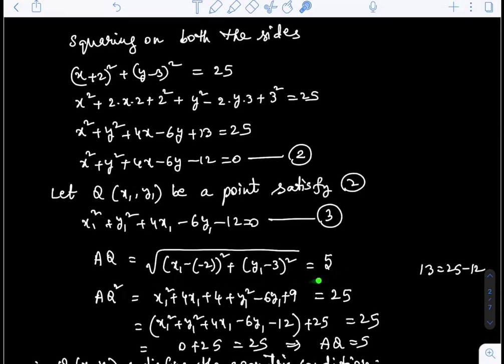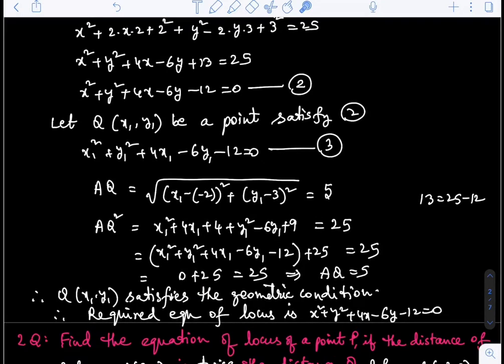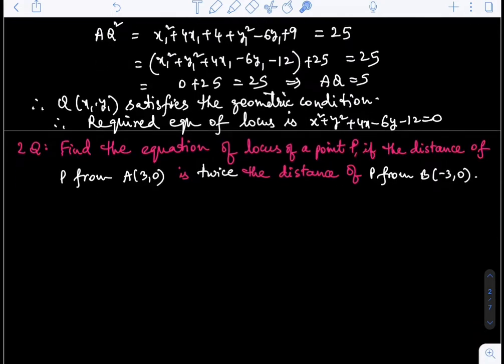So we applied the formula and rearranged to get equation 3, so that this plus 13 is written as 25 minus 12. This will become 0 because it is 0 from equation 3, no? That's why 25 is equal to 25. We got a true statement, that AQ is equal to 5 is true. That is, Q satisfies the given condition. The required equation of locus will be this one. This is the answer. Next problem.